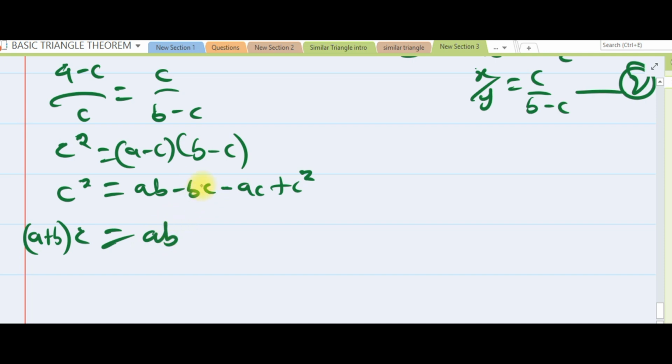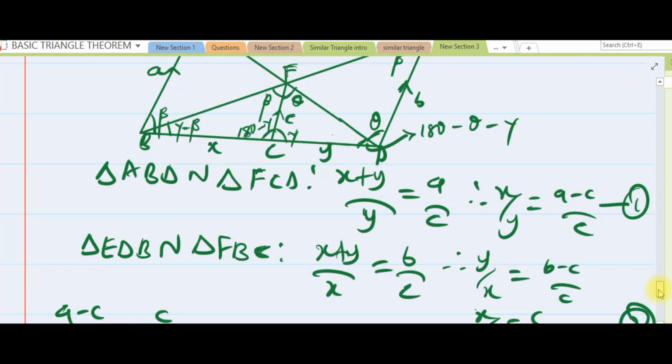Do you get? Minus cross is plus, so C is a common factor, so you factorize, so C is now AB over A plus B. So it justifies the formula that I used in solving this question.